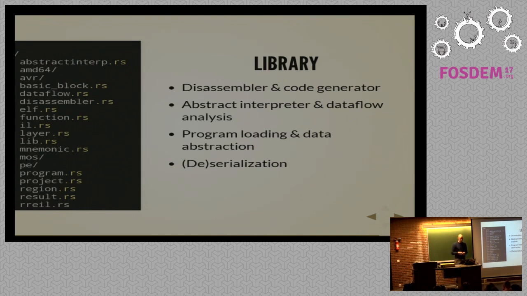And well, you have the data definitions in there. You also have il.rs, which is the definition of the intermediate language we use there. In case you're more on the academic side, we use REIL, but it's a derivative of REIL, and we have some custom operations in there. And well, the front end isn't that complicated.